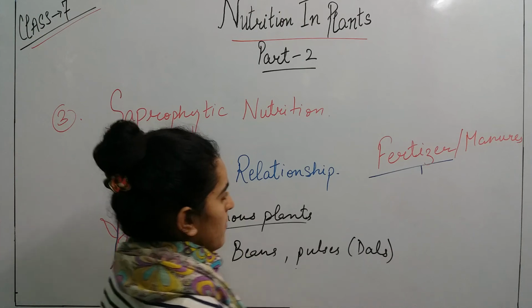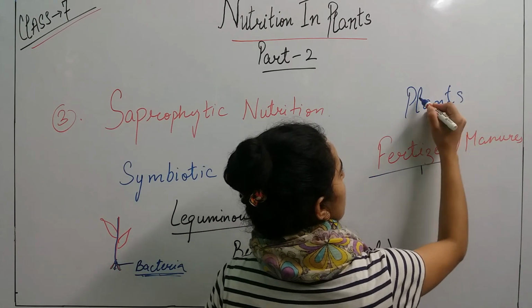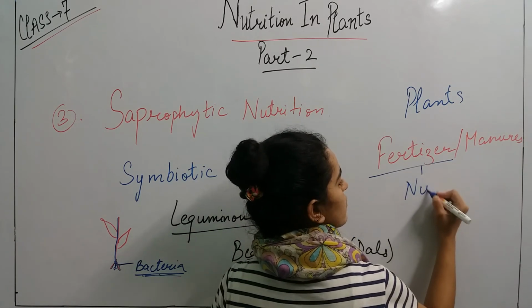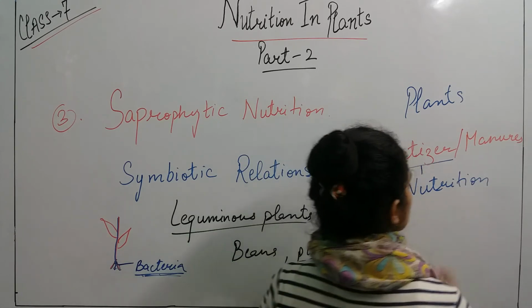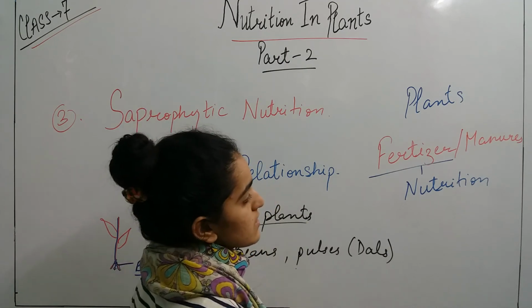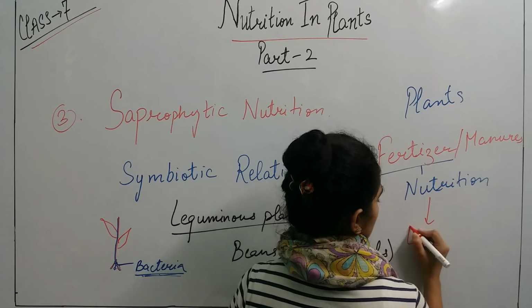So plants also need fertilizers and manures, because they will provide nutrition to the plant, and when nutrition is provided, it will be enriched.